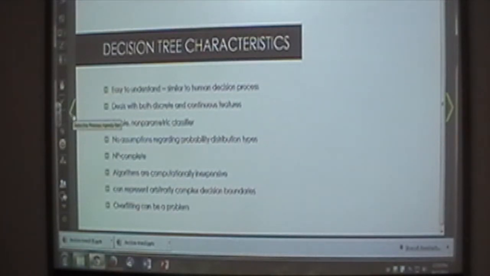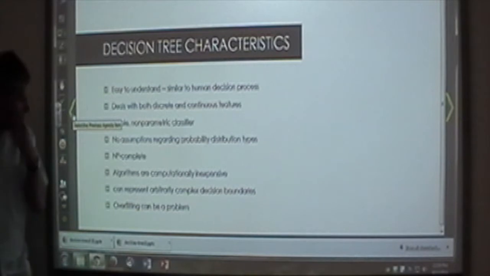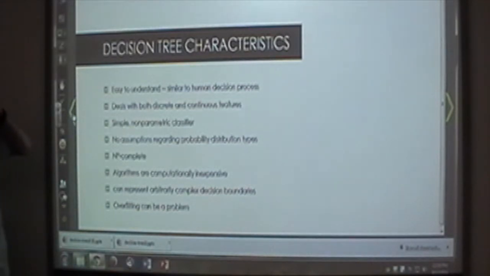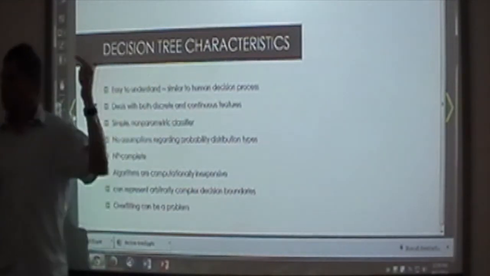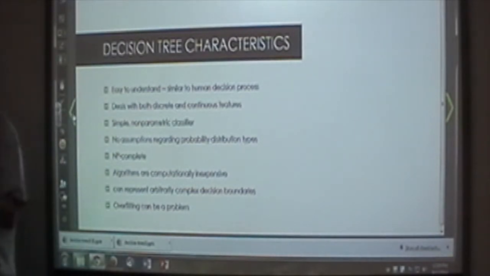Some characteristics in general about decision trees: they're easy to understand. Here are some nice properties. It's similar to the human decision process. We split in one direction and then split again to try to get as much information as we can.